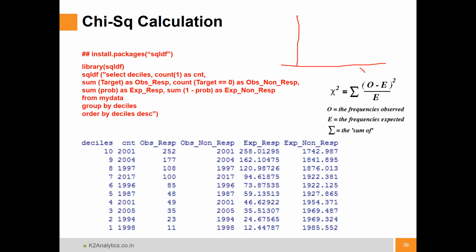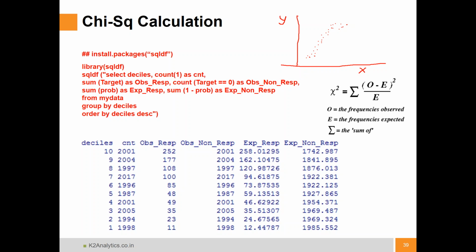This is my X, this is my Y, and the relationship between X and Y, these are the dots which are data points.